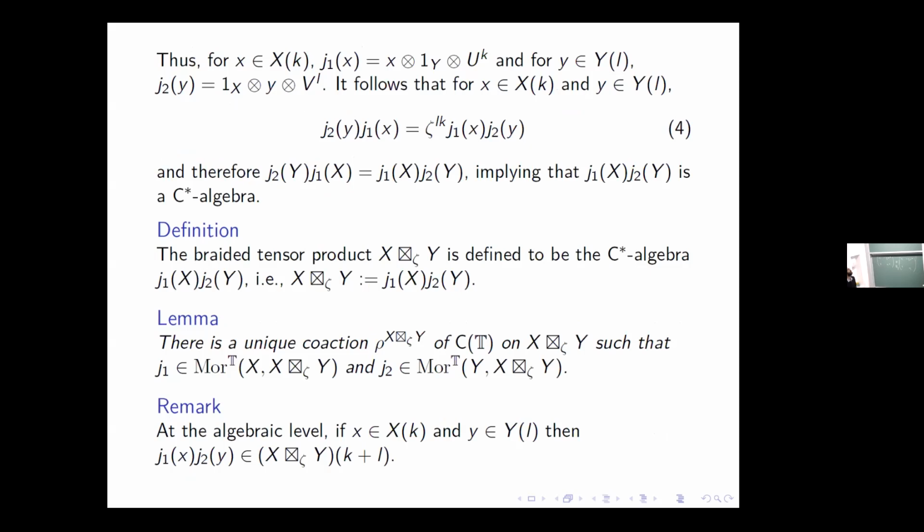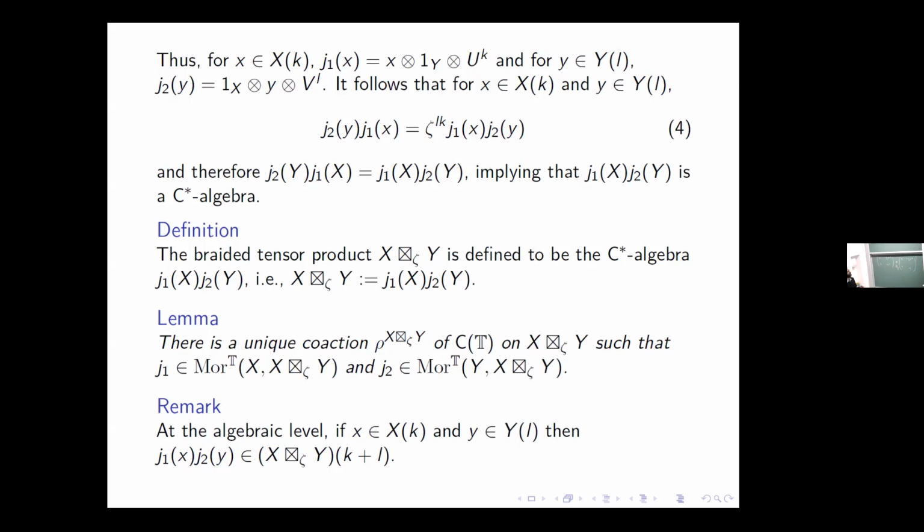Okay. So now fix an X which is of homogeneous degree K. Then J1 is you first apply the coaction so that X goes to X tensor Z to the K. Then embed, so I get X tensor the unit of Y and then Z to the K, and I apply I1 which sends Z to the K to U to the K. So J1X has this form, and similarly for a homogeneous element Y of degree L, I get that J2Y looks like this.